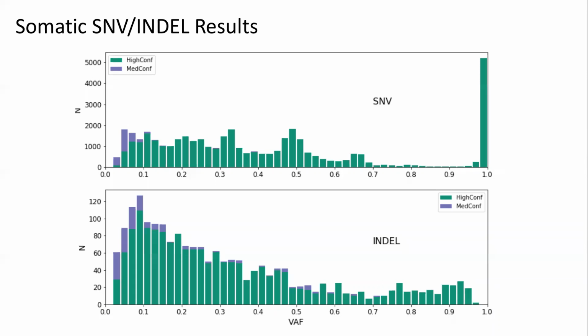If you look at the indels, though, you don't see clear peaks, and you may even notice that the variant allele frequencies for the indels seem to be lower overall than SNVs. That may be due to the fact that when you estimate an indel variant allele frequency, you tend to underestimate.